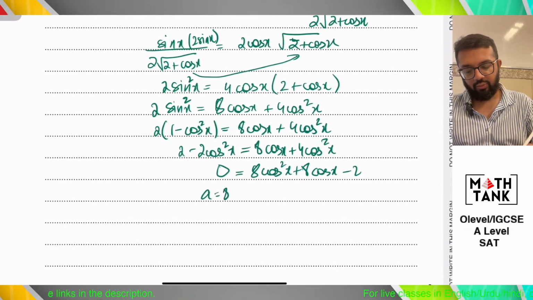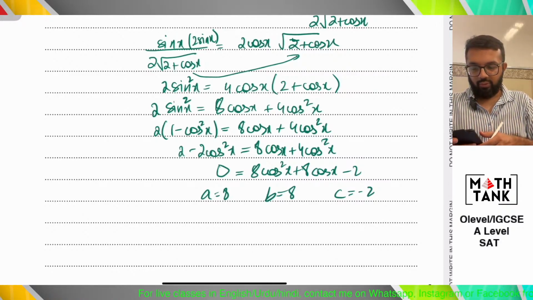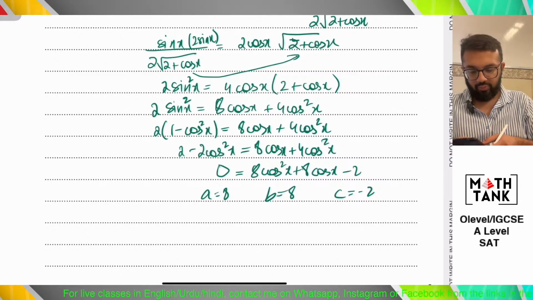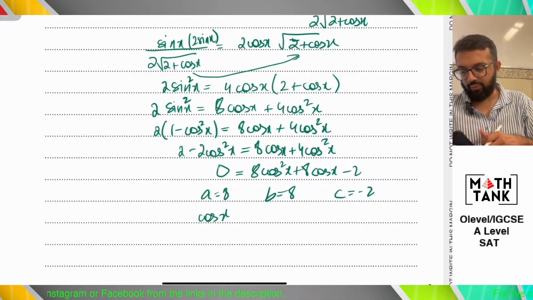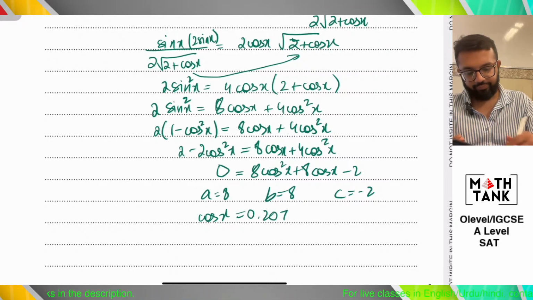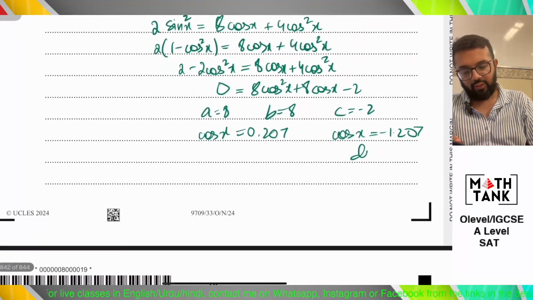So A, B, and C. So cos x is coming out to be 0.207 and minus 1.207. So that's discarded.